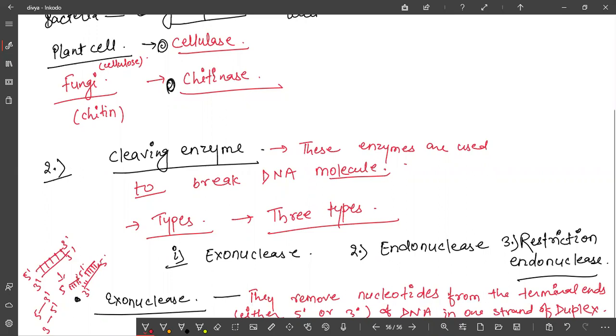So this exonuclease will cut in one strand only, not in both strands, so we don't use this exonuclease for recombinant DNA, because it cuts DNA in one strand only and from the terminal end, not within the DNA. So this is about exonuclease, and next is endonuclease.